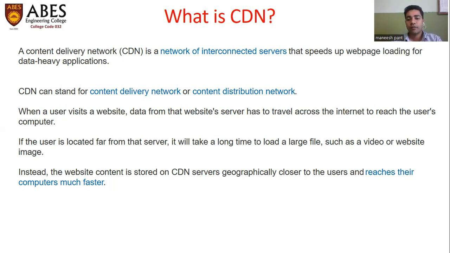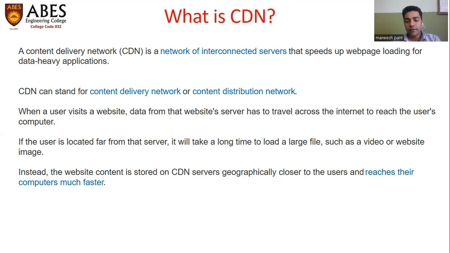And that edge location is going to be very close to the user, because there is a huge number of edge locations provided by Amazon. So the edge location is going to interact with the origin server. It is going to store the cached data with it, and the user can directly interact with the edge location.